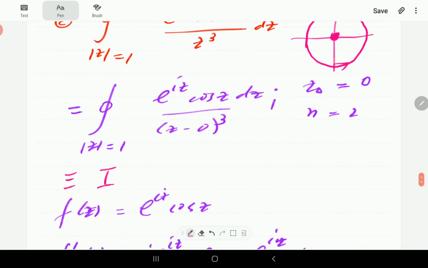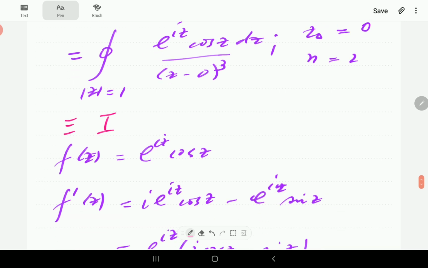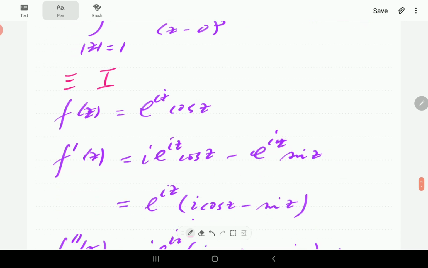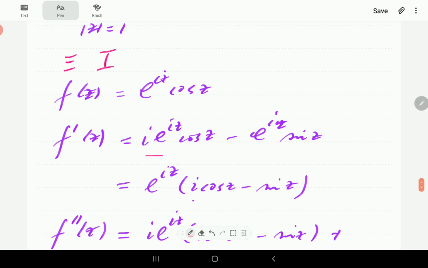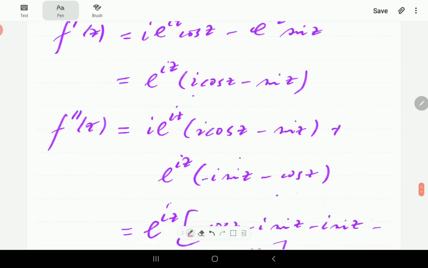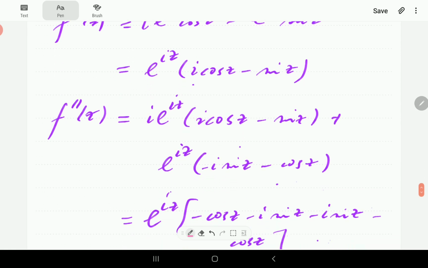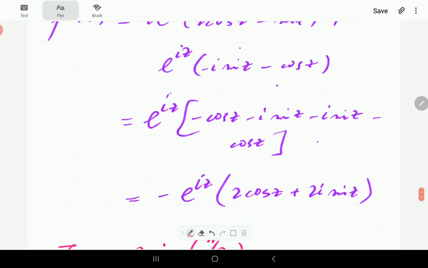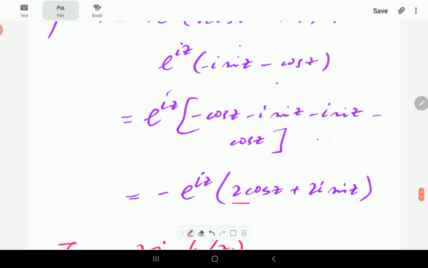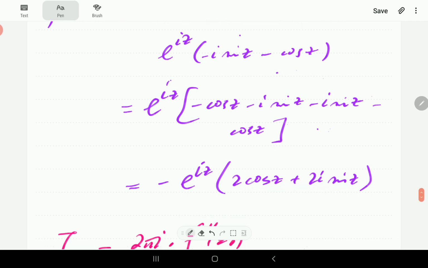And then f of z is the numerator, e to the iz. We differentiate this once, that's what we get, and then differentiate it again, that's what we're going to get. So this finally gives us negative e to the iz into 2 cos z plus 2i sine z.